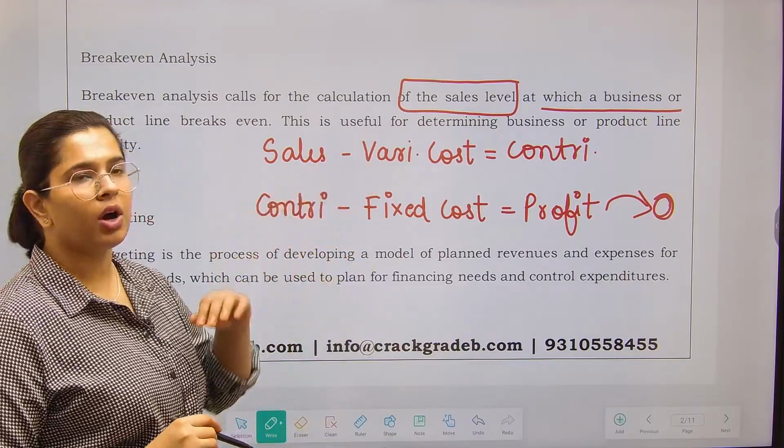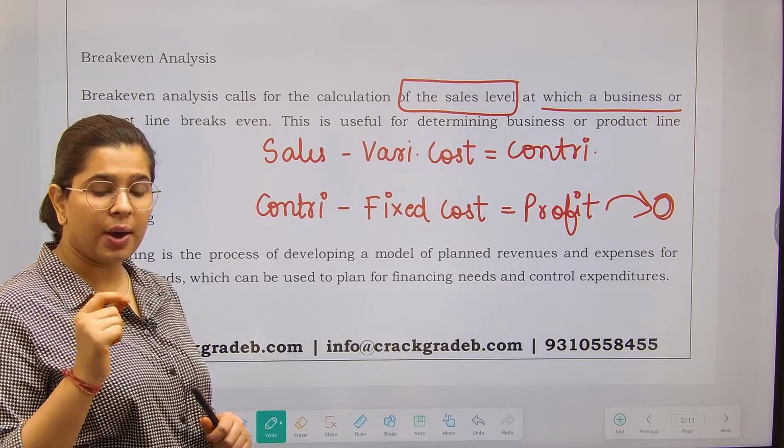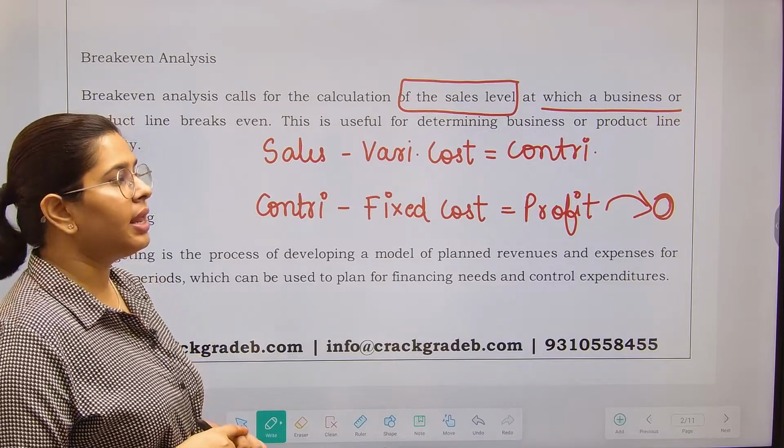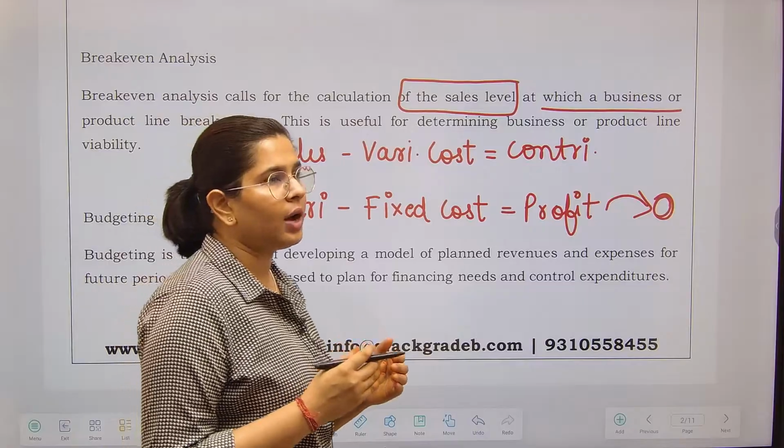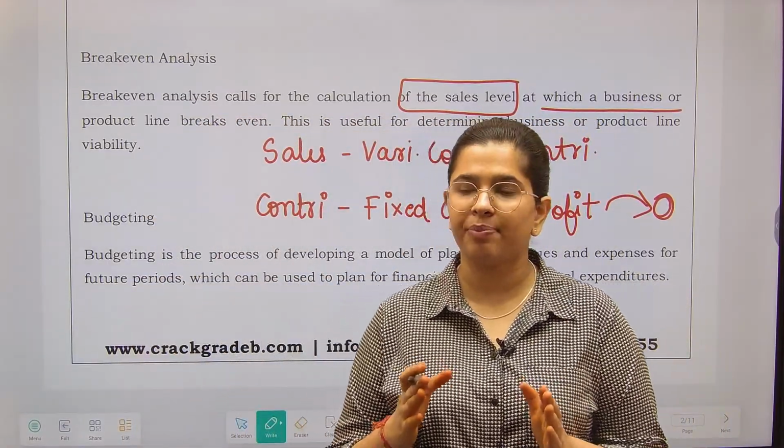Now what is variable cost? Variable cost is that cost which changes with the production. For example, if I am producing 1000 packets of biscuit, I will require a certain quantity of maida.